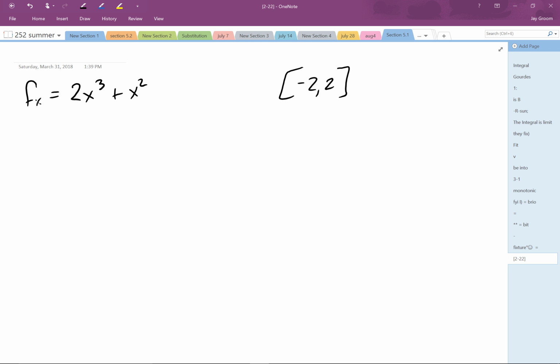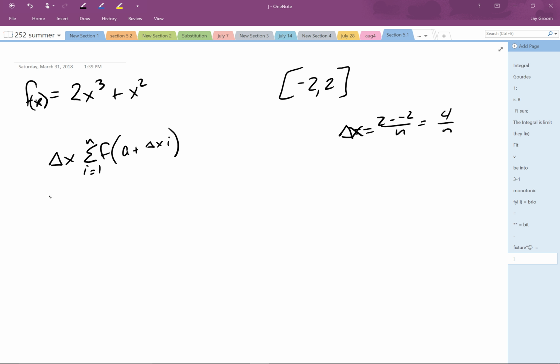Okay? And so in general, what this is going to be then is this. My delta x is 2 minus a minus 2, try to get it right, over n, which is going to be 4 over n. So I'm going to have a delta x times the sum, i goes from 1 to n, of f of a plus delta x sub i.